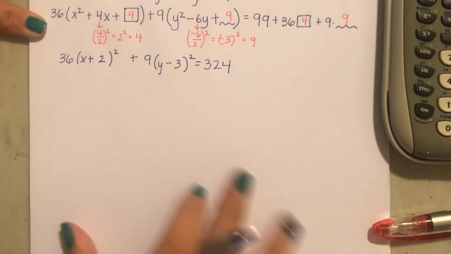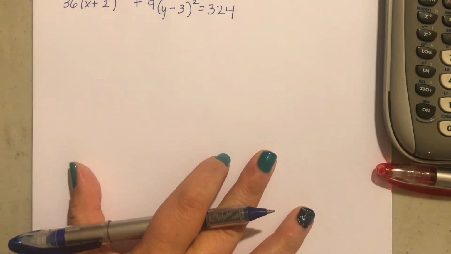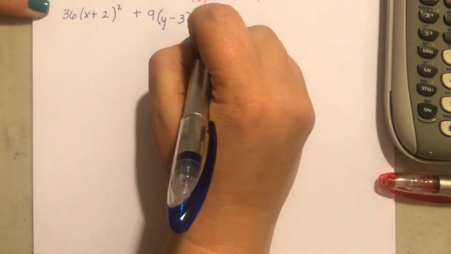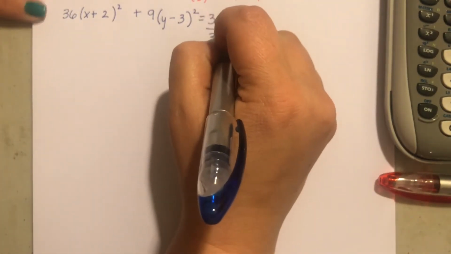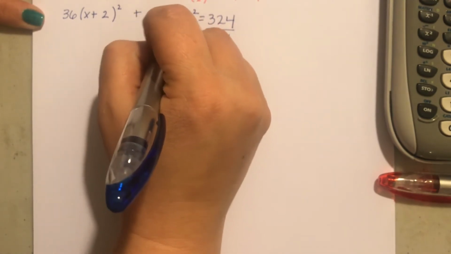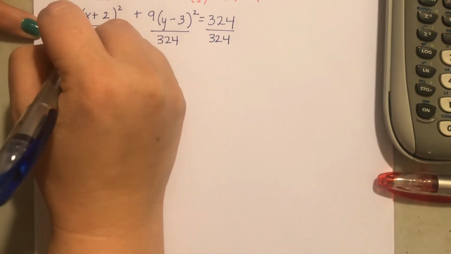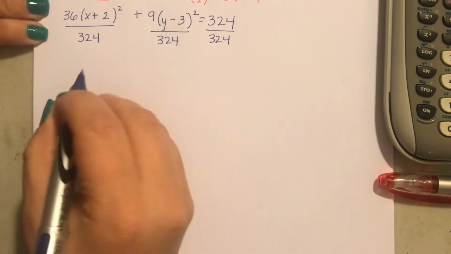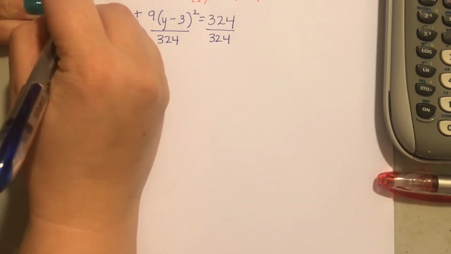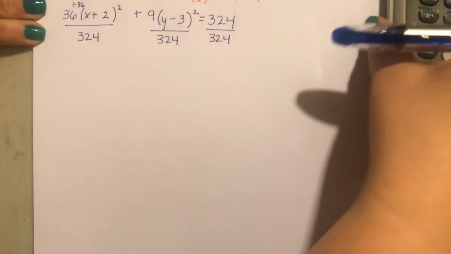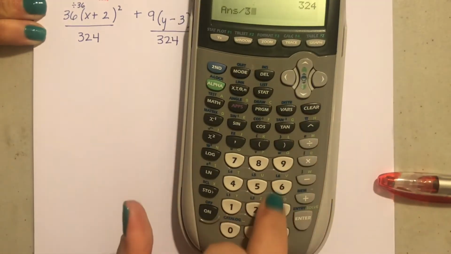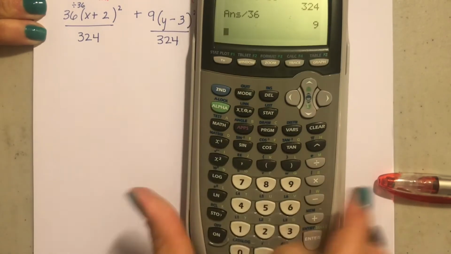From here down, it's essentially the same as what we did in our last question. So we want to divide to make this 1, which means everyone else has to also be divided. So that leaves us with, if we divide by 36, we end up with 9.